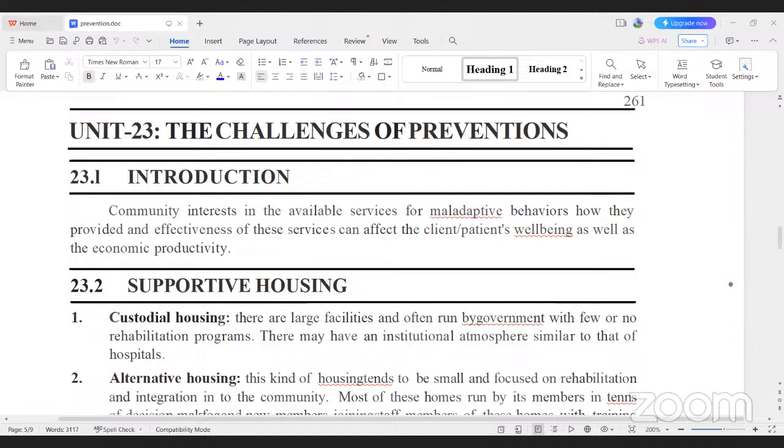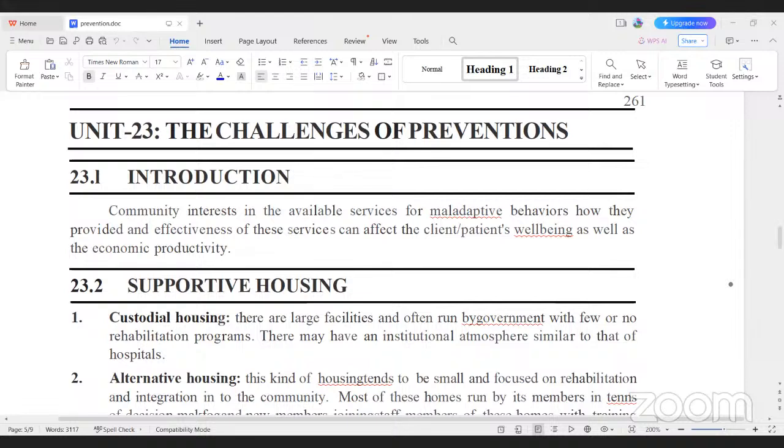Psychopathology and scope. Coming to scope, scope means where psychopathology has scope. It is not a limitation; it has now become unlimited. Everywhere psychopathology is coming.